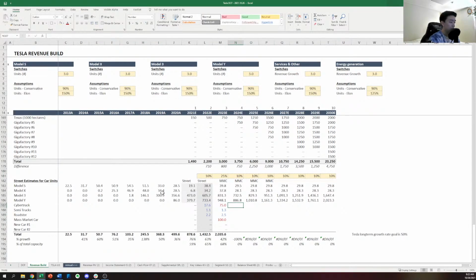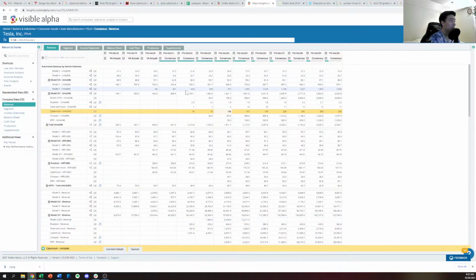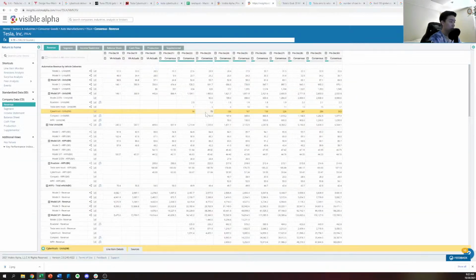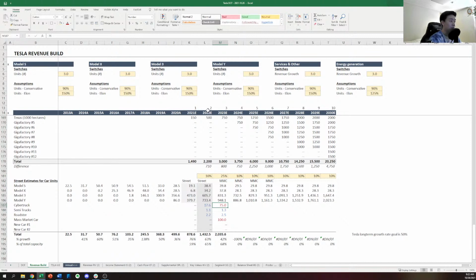All right, so Cybertruck. Oh, wait. Did I mess up here? Okay, I don't know why I had 17 earlier. Okay, so Street thinks 73,000 is going to be sold in 2023. Oh, then this is 73.